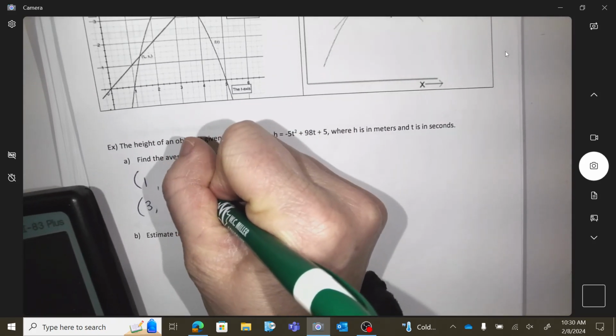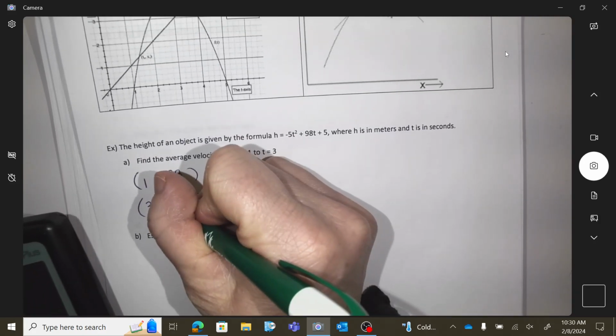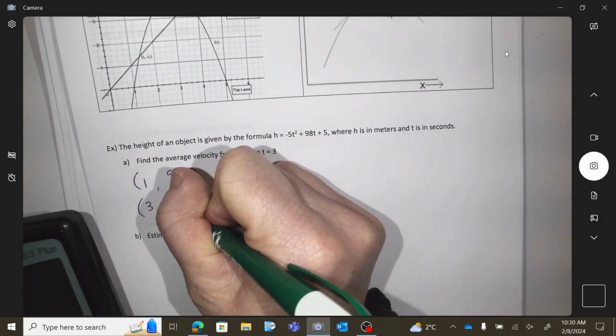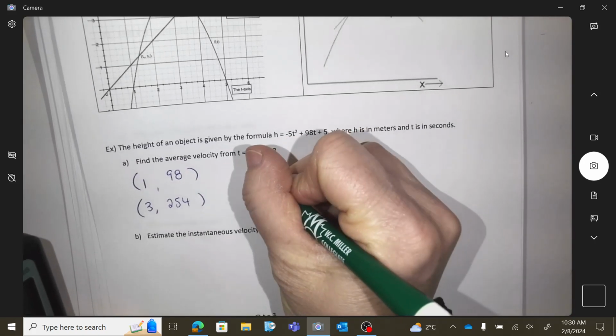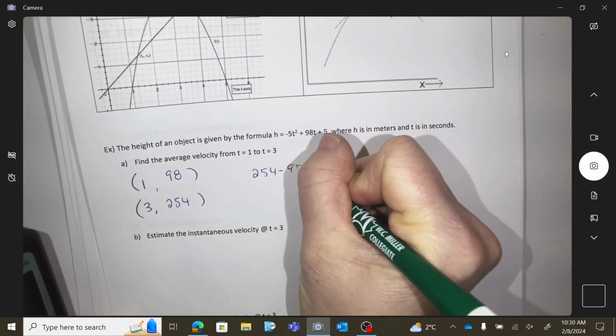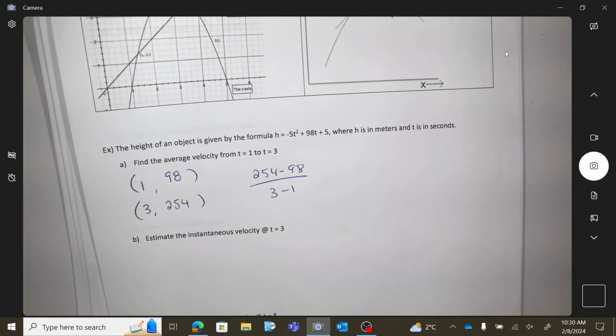So I got a 98. That one. 254. Okay, so how do you find the average velocity? Velocity is a slope. So what's a slope? y2 minus y1 over x2 minus x1.